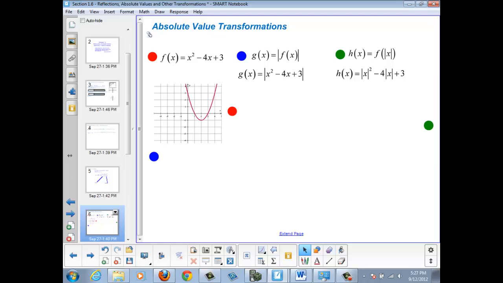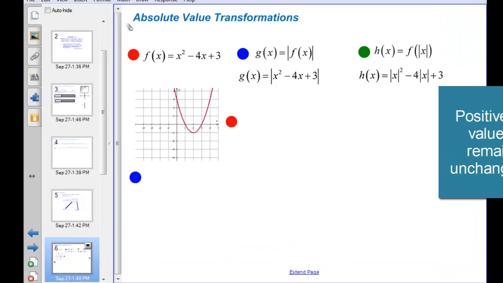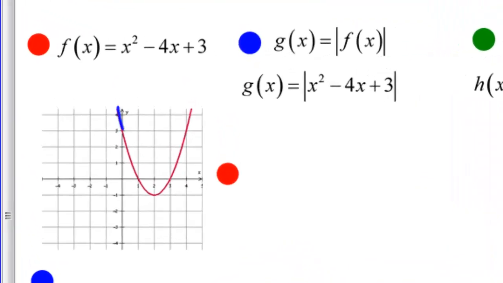First of all, we would look at the y values that are produced by the expression x squared minus 4x plus 3. If I end up, after plugging in an x value, with a positive y value, there's no reason to change it. And here are the values on the graph where y is already positive.